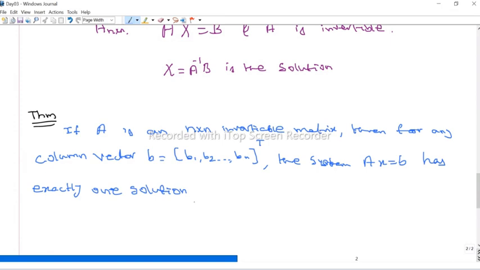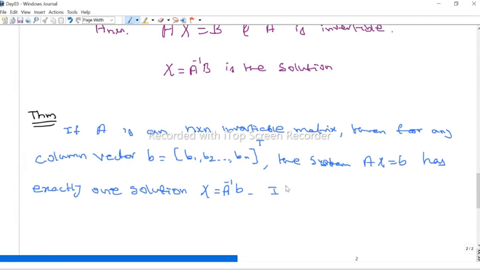We call that solution capital X. So Ax equal to b has exactly one solution, and that solution X is A inverse b. Okay, that is the first one.